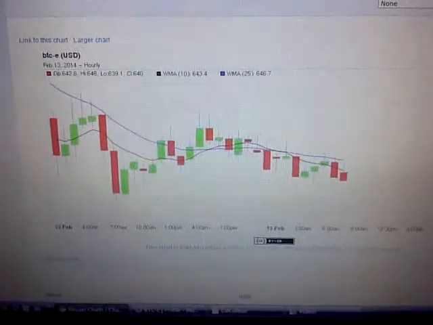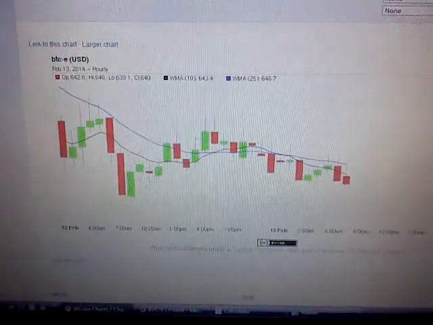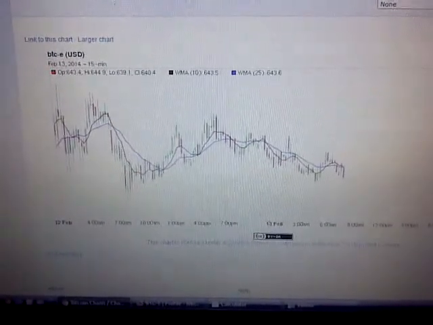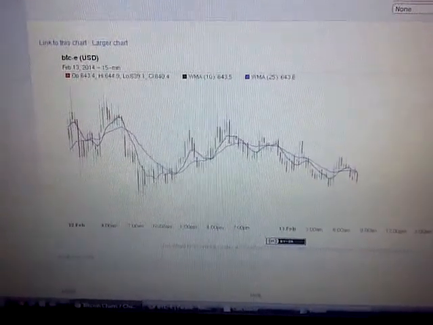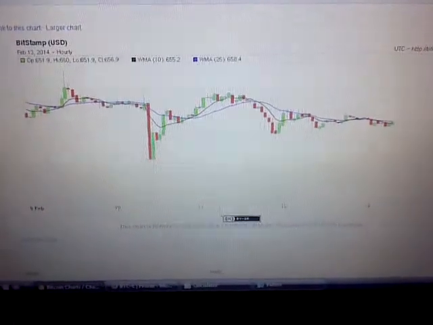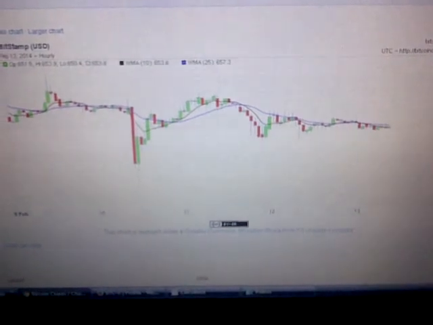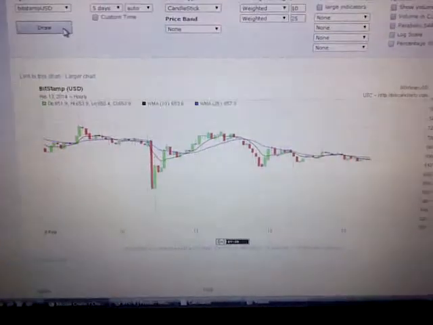It's downtrending. Okay, so we'll just put that back in auto. So it's pretty much downtrending, and then let me see Bitstamp, and let's update it. There we go, and yeah, same thing. It's kind of flat for the most part.